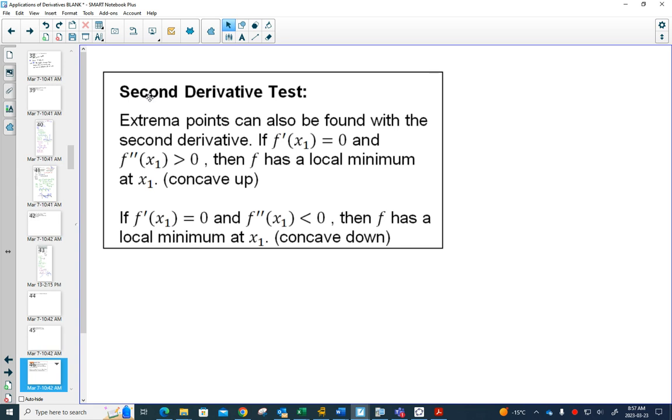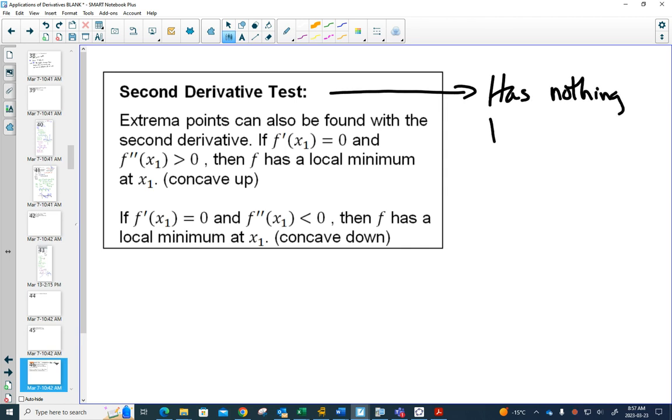Second derivative test. Okay. Right. You will forget this, but I'll write it down.